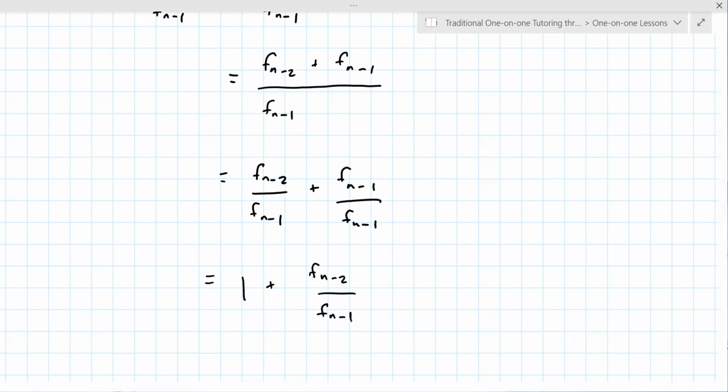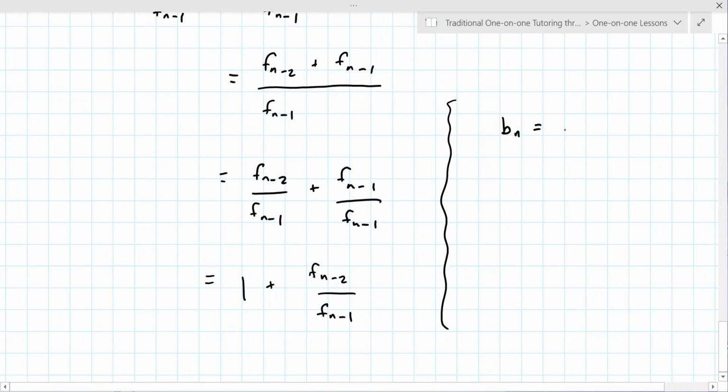And this is where I've got to go back and actually figure out what they actually want. They want Bn minus 2. So Bn equals Fn plus 1 over Fn. So for Bn minus 2, let's do the same.